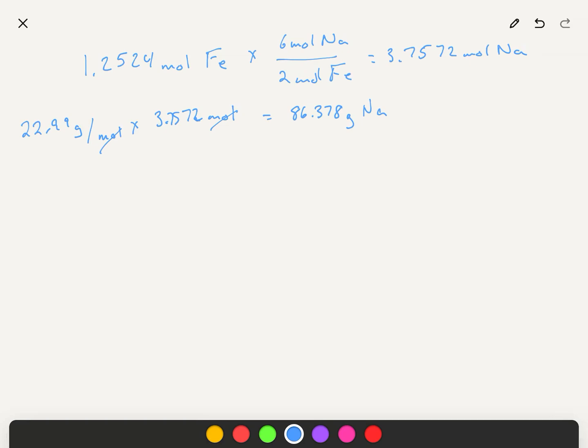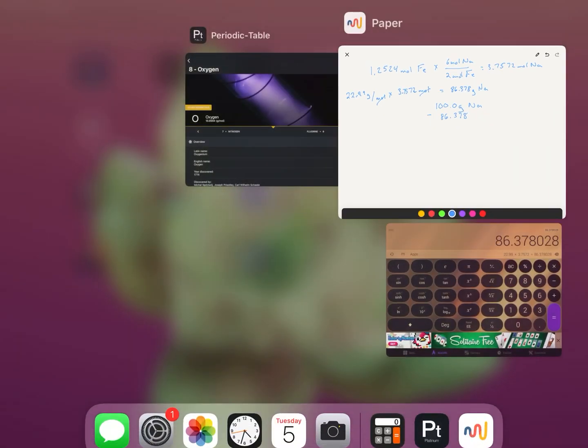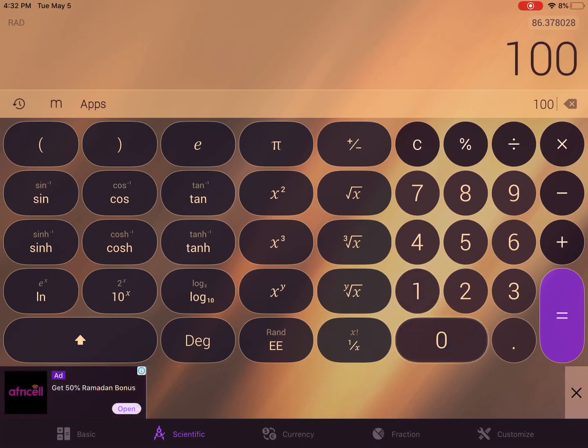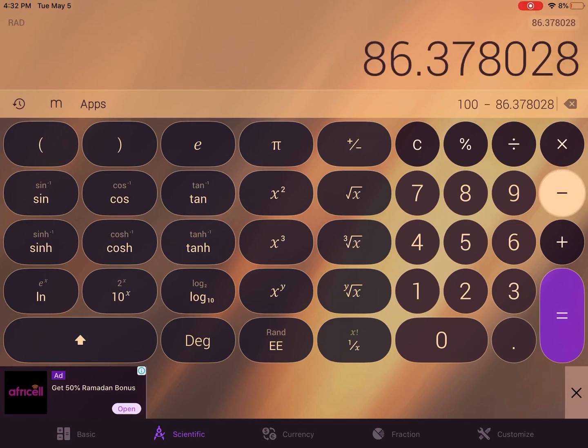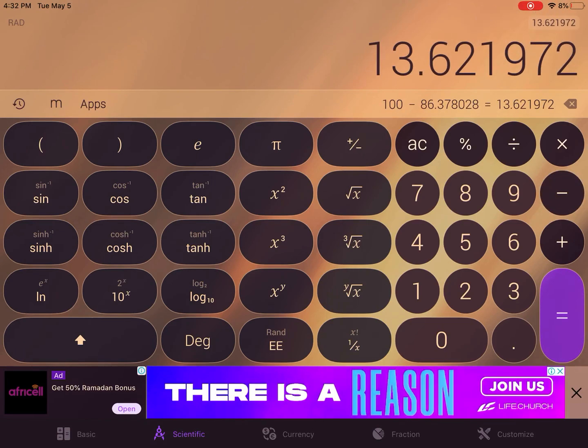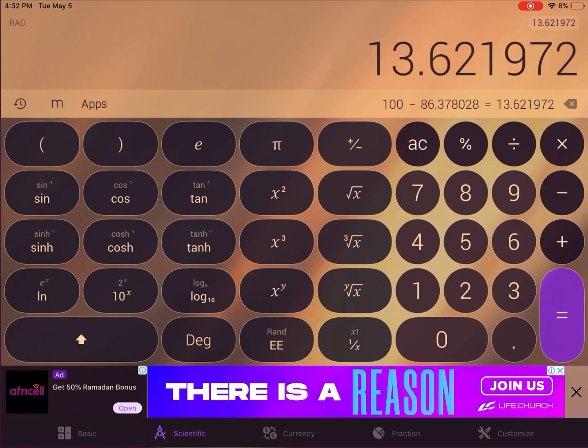And we started with 100 grams of sodium. So we will subtract our 86.378 from 100, and we get 13.621972.